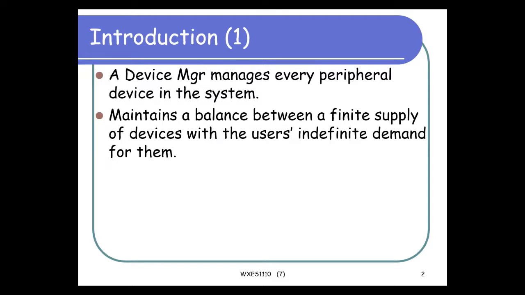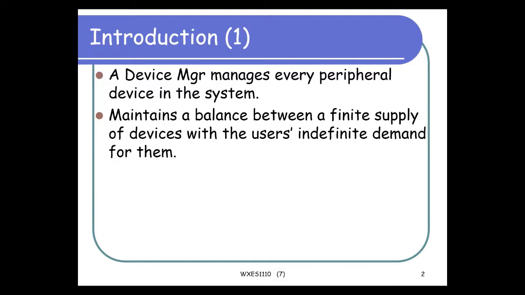The device manager also maintains a balance between a finite supply of devices and the user's indefinite demand for them. You can basically install a lot of devices in your machine, so the operating system manages this.